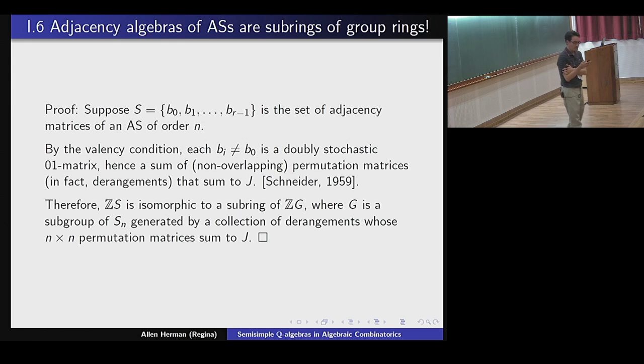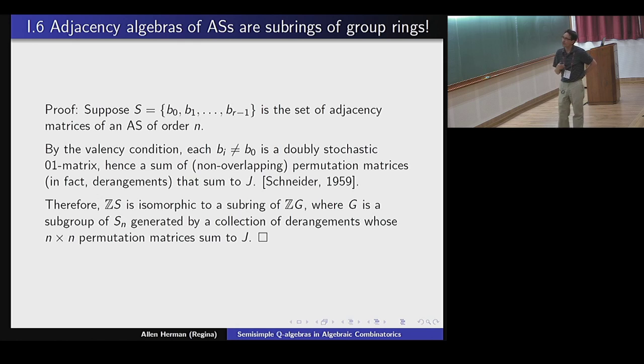Now, there's an article in '59 by Schneider, which you can use to show that adjacency algebras of association schemes are actually subrings of group rings. So let's see how this works. You take your set of adjacency matrices of an association scheme of order n. Then by your valency condition, each of these non-identity B_i's is a matrix that has exactly the same number of ones in every row and column.